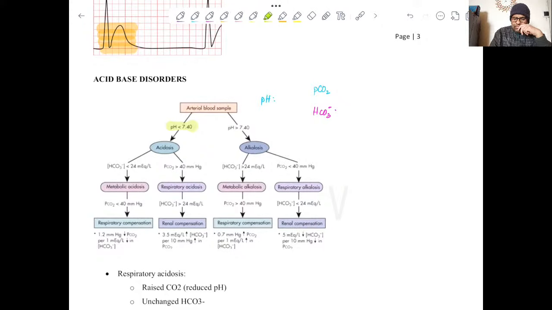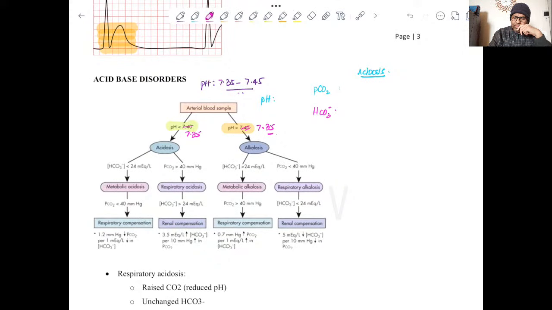If it moves beyond that, it is alkalosis. The normal pH is 7.35 to 7.45. So any value less than it's better we take it as 7.35, just to avoid any sort of confusion.